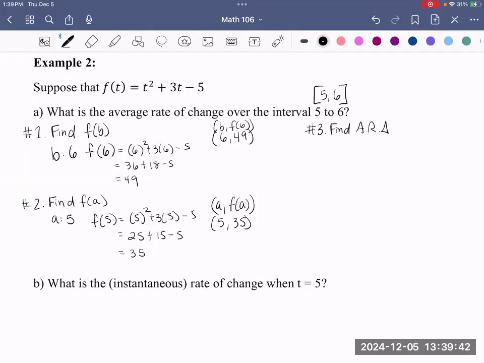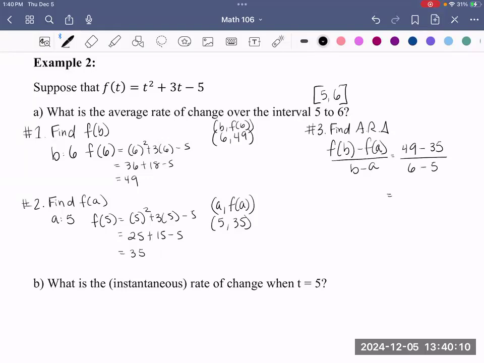So now let's go ahead and find your average rate of change. I like to abbreviate average rate of change as AR and then your little delta symbol change. So it says f of b minus f of a all over b minus a. Therefore, f of b we said was 49 minus f of a we said was 35 all over 6 minus 5.